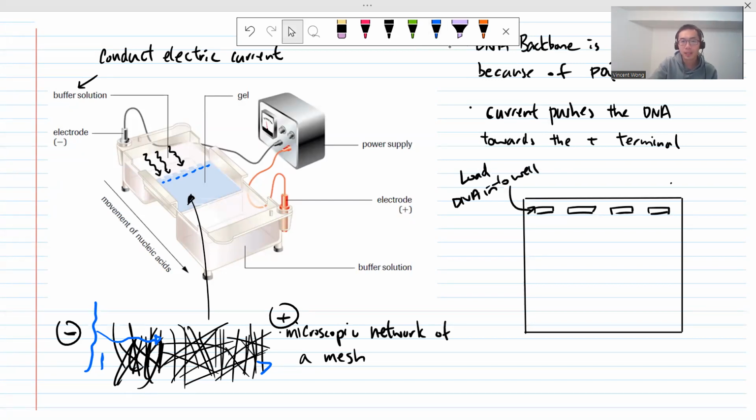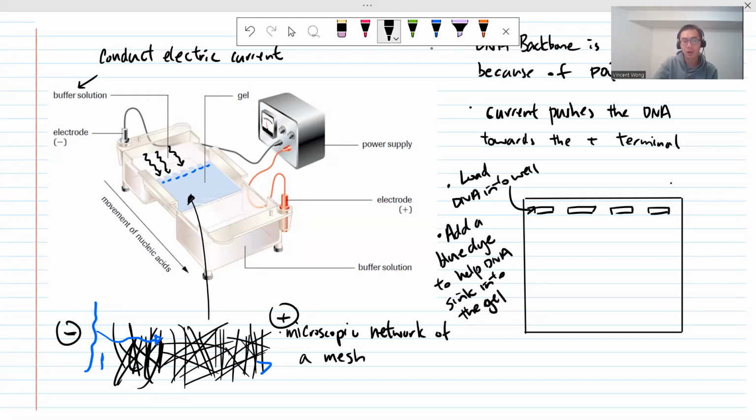You're also going to add a blue dye to help the DNA sink into the gel.